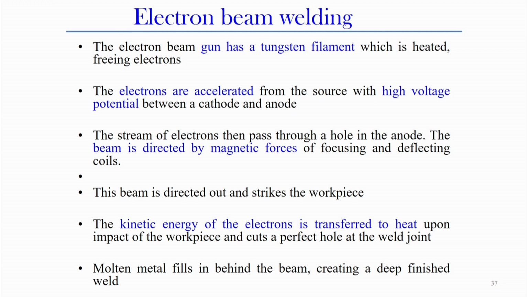That means it creates one keyhole, and when the keyhole moves forward, it is filled by the molten metal, and in this way it creates a deep penetration welded structure.